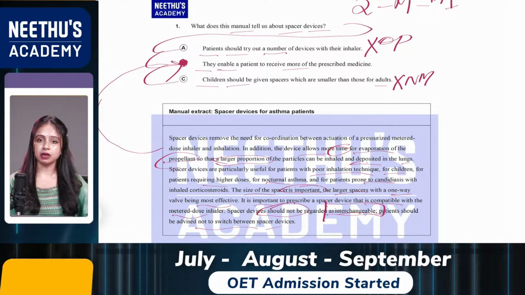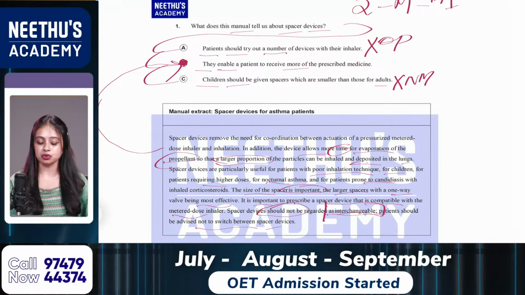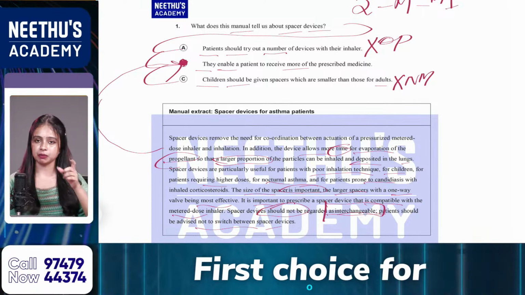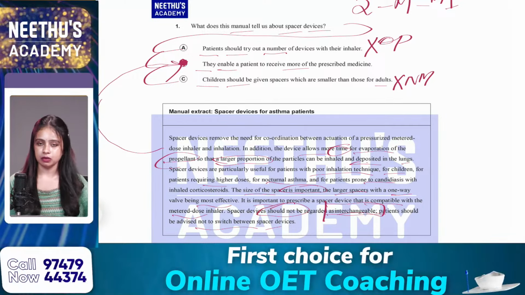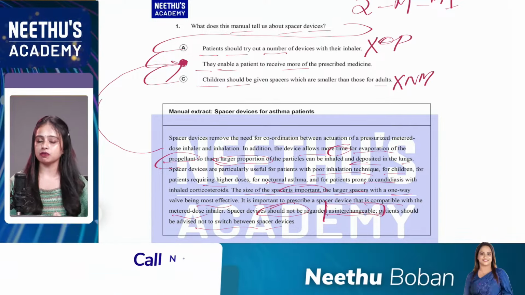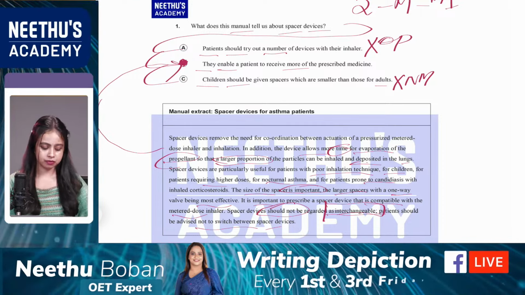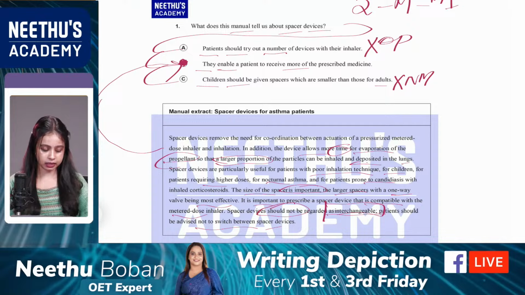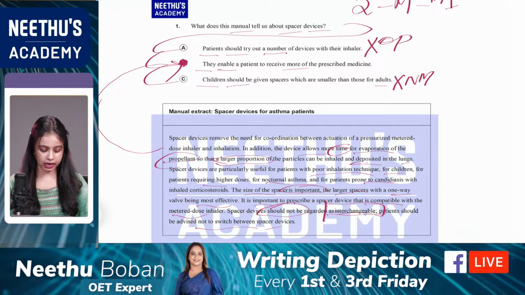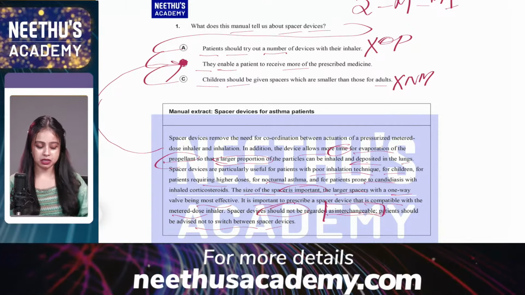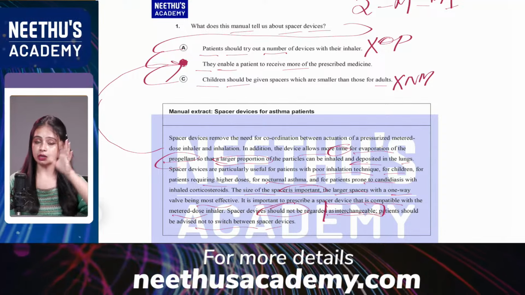They help a patient to receive more of the prescribed medicine, from the second and third line. If it is a manual or a policy, which lines are important? Any idea? Okay, a lot of correct answers here. Reba says manual means giving instructions. Sorry dear, it's not about giving instructions.